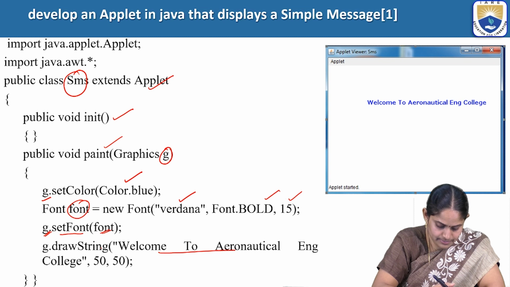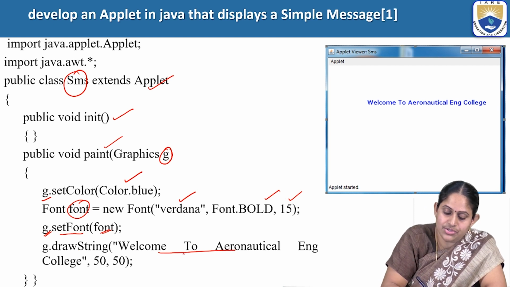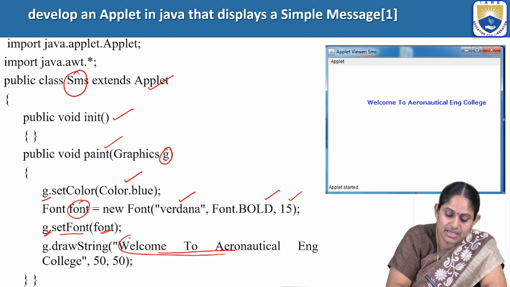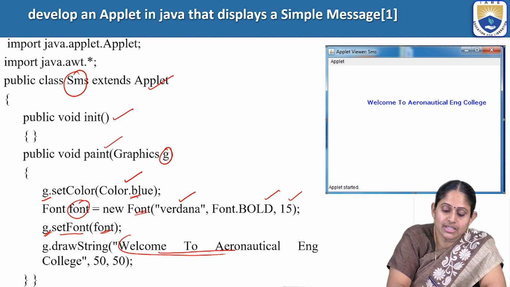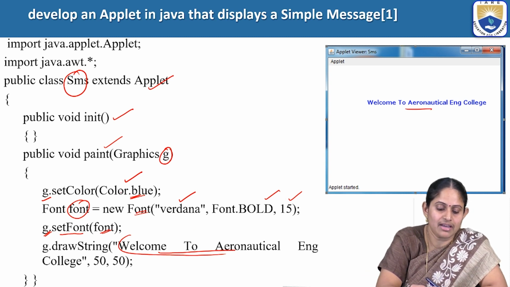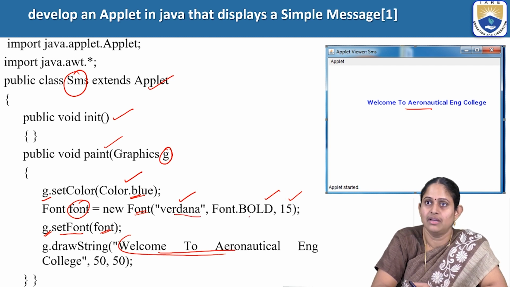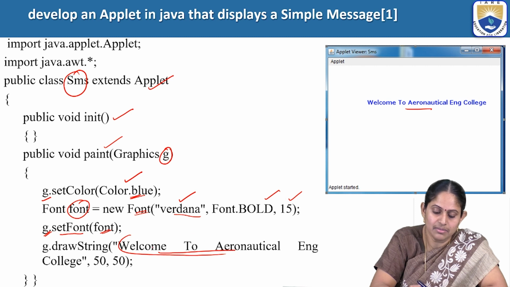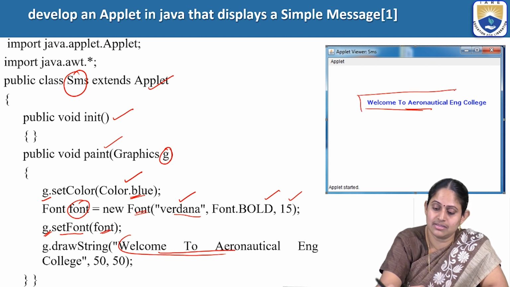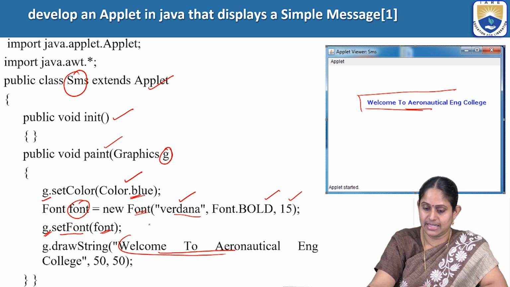So when we draw the string, this statement will be in the described font and the given color. Since we have defined the color to be blue and the font to be Verdana, with these features we get this statement written onto the applet with the given details.